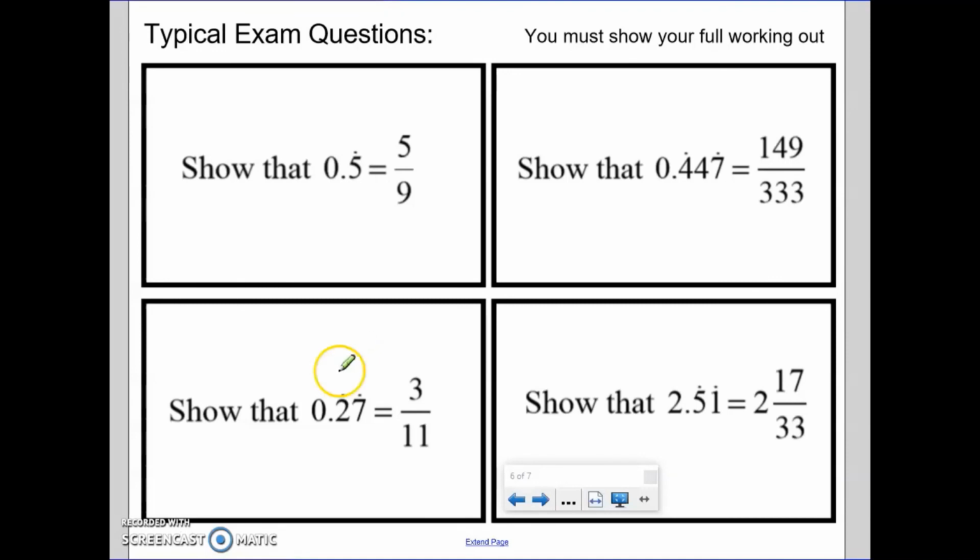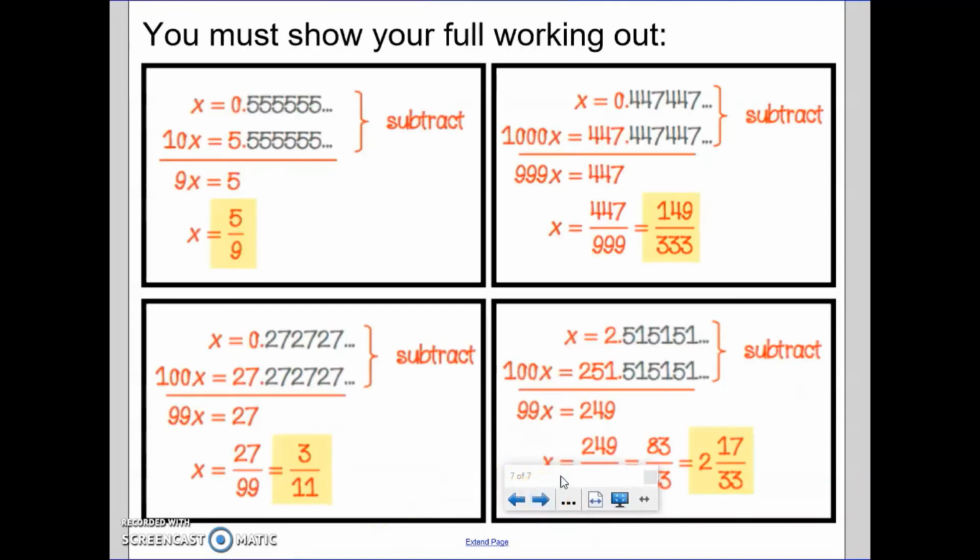Okay, welcome back. I'll quickly show you the solutions to these 4 questions. Solutions should look something like that. So for each question, you're thinking about x, you're thinking about 10x, you may go on to think about 100x or 1000x. You're always aiming to ensure that the numbers after the decimal point are matching.